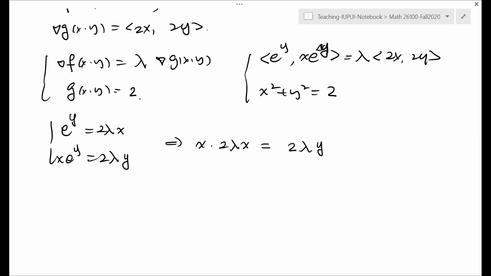Lambda cannot be 0, okay? What we got here is x squared equals y. So once you get an x, then you are able to get a y, right?